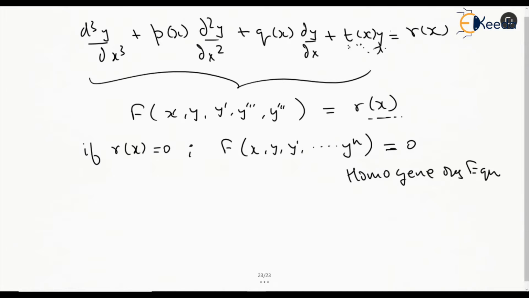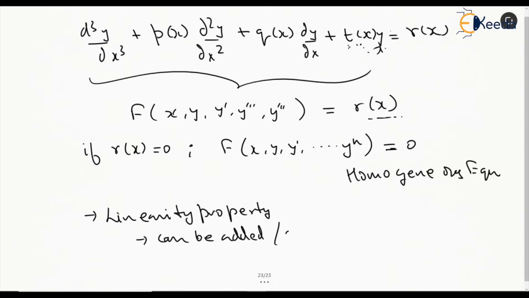It follows the linearity property, so solutions can be added, or you can say superposition is possible in this case. And if r of x is not equal to 0, this will become a non-homogeneous equation, right?